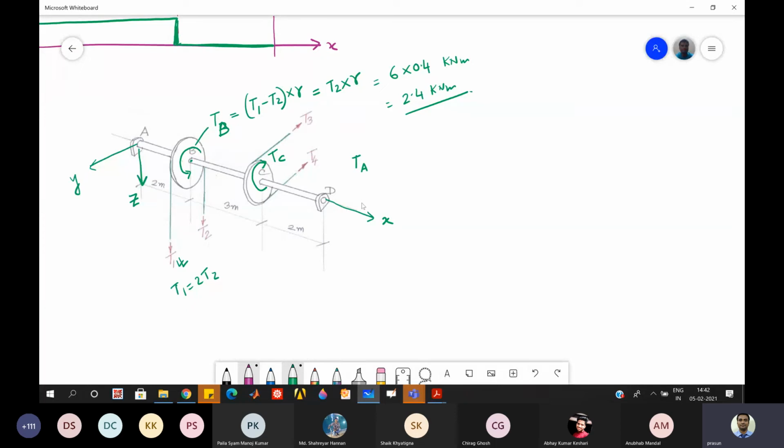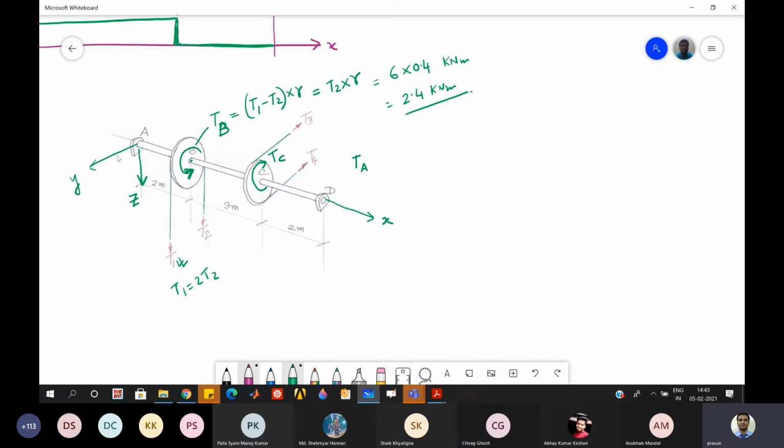So now what is my positive Mx, the moment about x? We have to see which one is positive. Here you can see this TB, shown using this arrow. Can you tell me whether this is positive or negative? TB is positive, sir. Why do you say that?